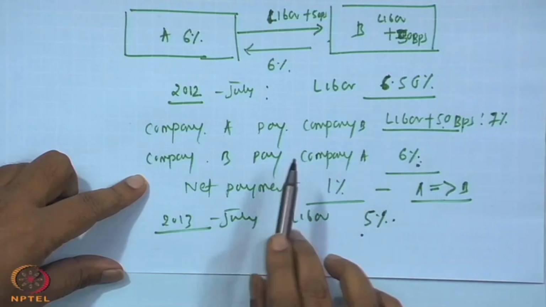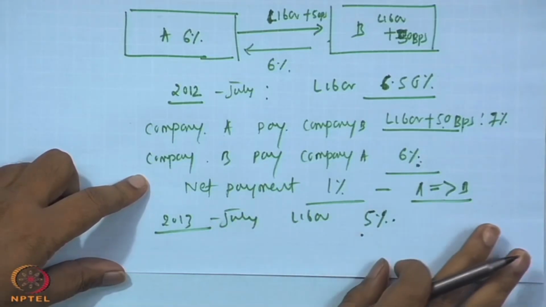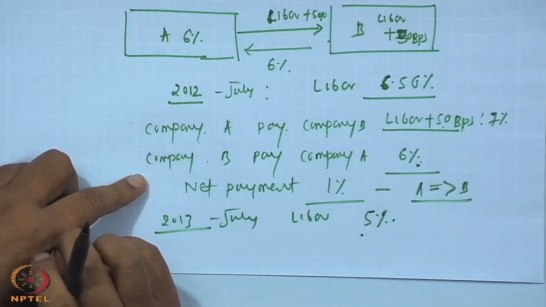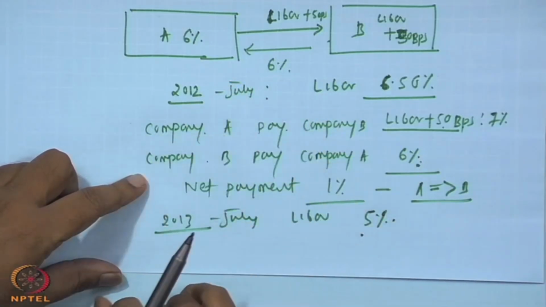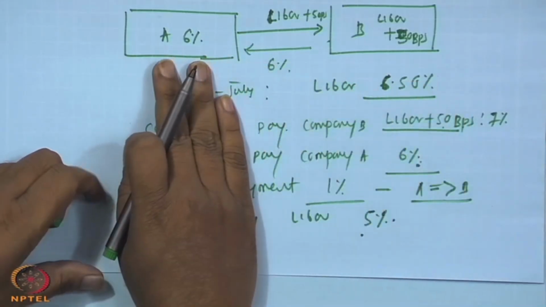Here company A is on the receiving side, so the net transaction is 50 basis points. The swap transaction takes place, with one party accepting the fixed and another party absorbing the floating.